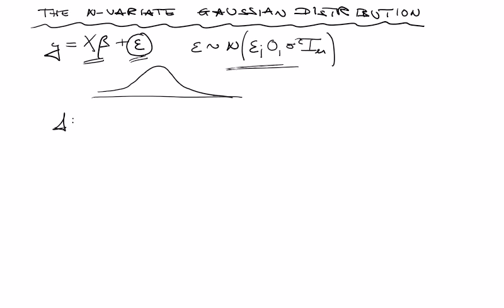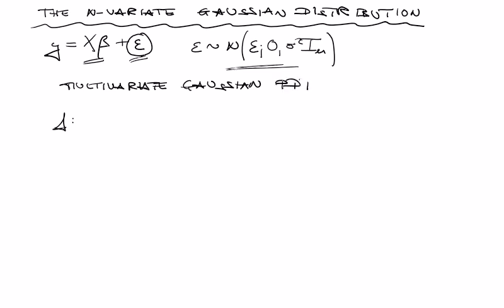So let's get rid of that and call this multivariate Gaussian. It's also called normal distribution, by the way. It's the same thing, so don't get confused. So that's the multivariate Gaussian PDF. So it's a probability density function, and I might write it like this.